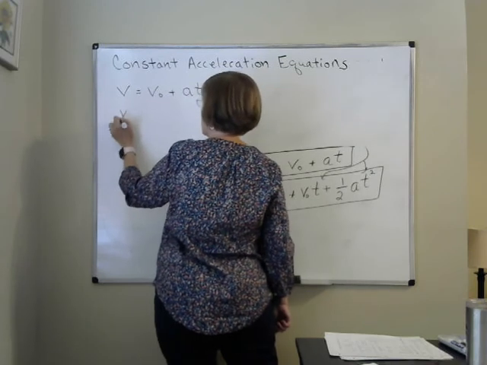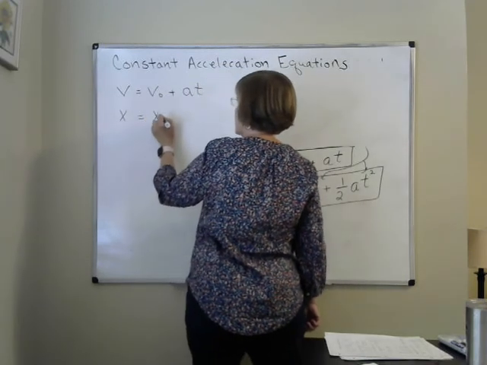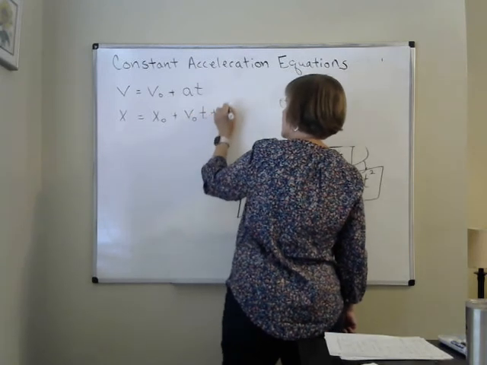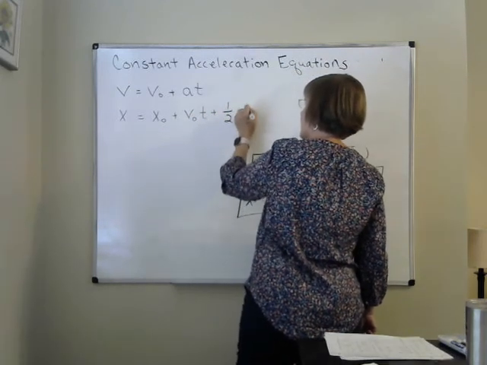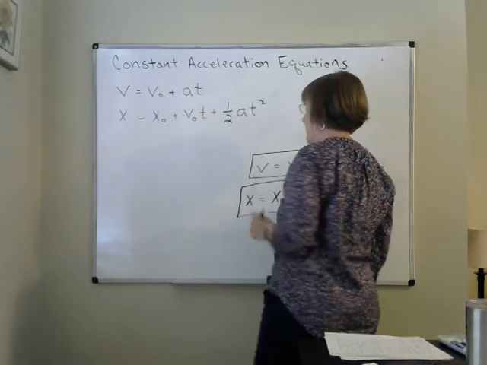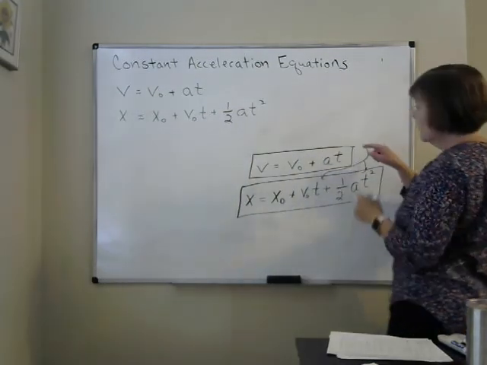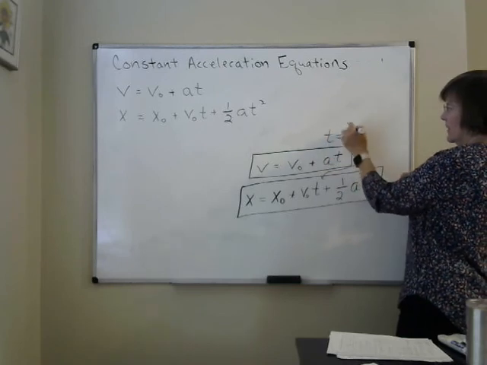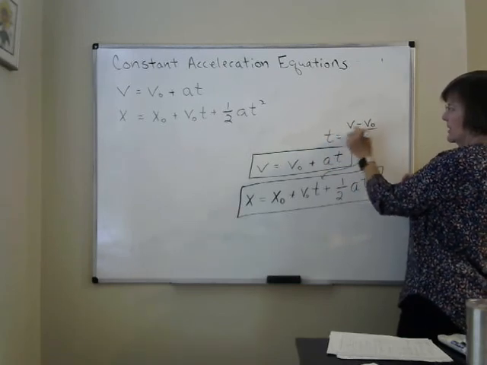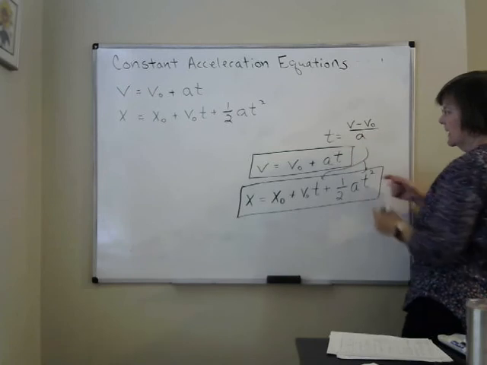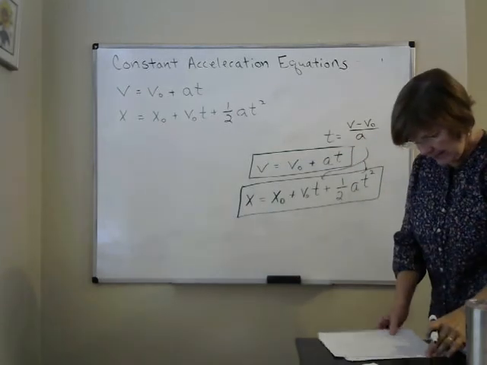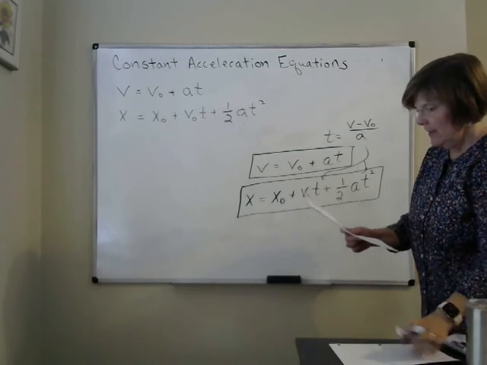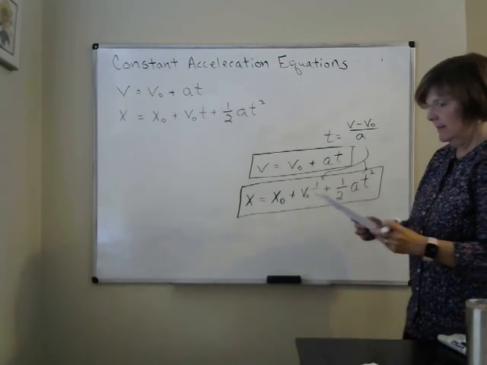The position is x naught plus v naught t plus 1/2 at squared. If I solve this top equation for t, remember I said that would be t equals v minus v naught divided by a, and I plug that in there both places, I can come up with another equation that looks like this.